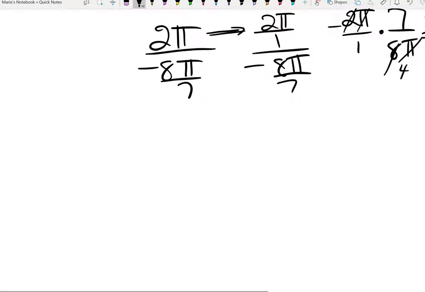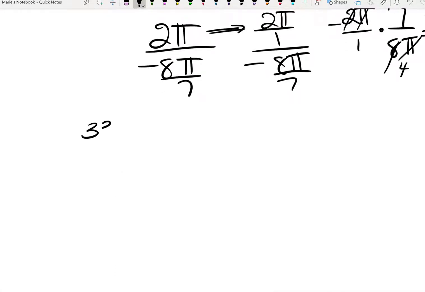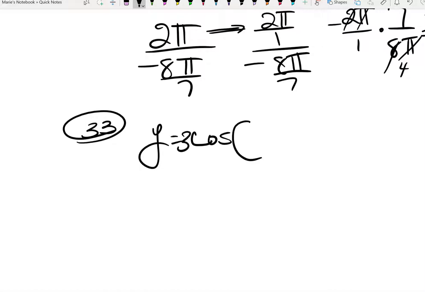Alright, for 33, same difference. For 33, we're going to take our cosine equation. So y equals 3 cosine, and then this will be 5x minus pi over 2.